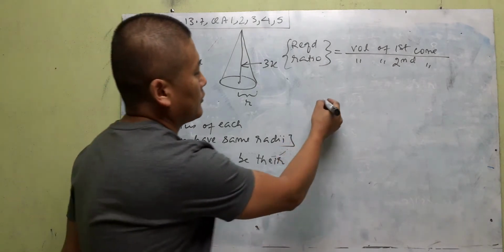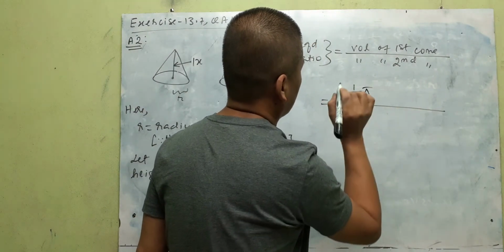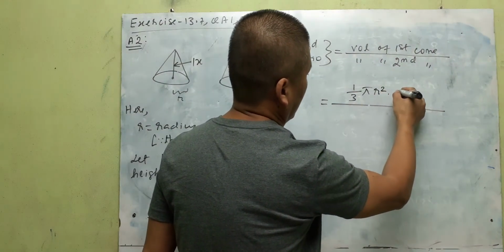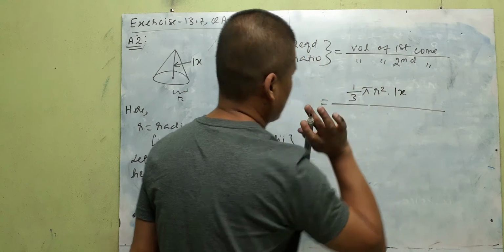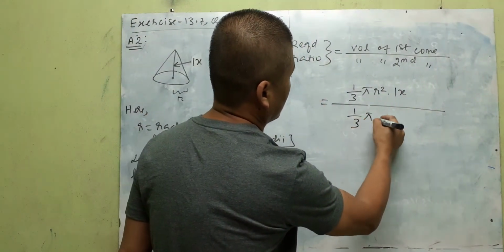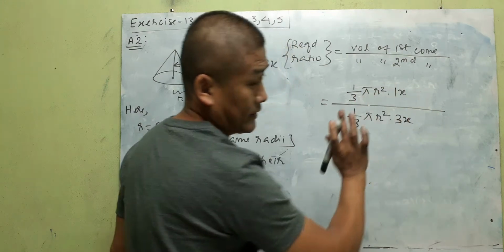So the formula for volume is quite simple. For the first cone, 1/3 pi r square, since r is the same, and h is 1x. For the second one, 1/3 pi, same radius, so r square, and h is different, 3x.